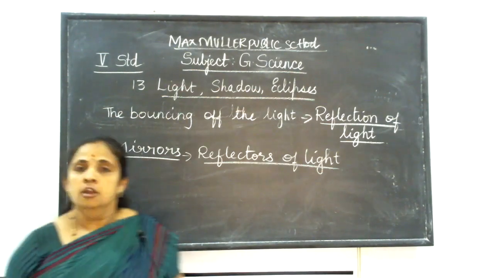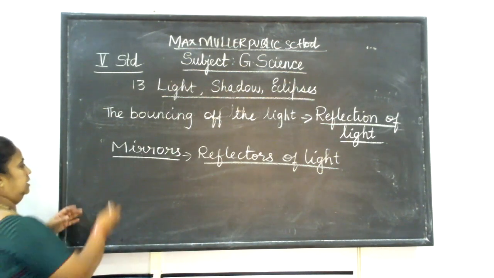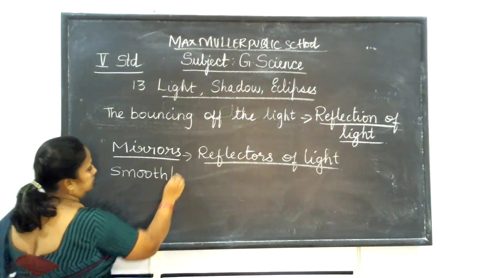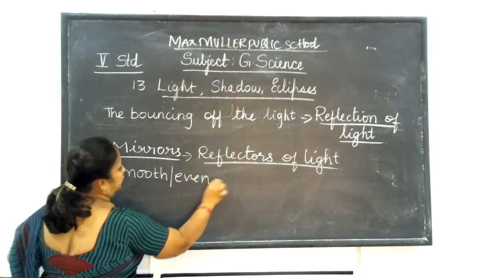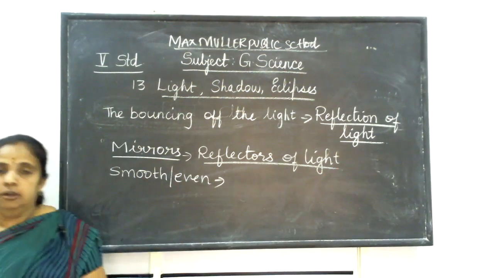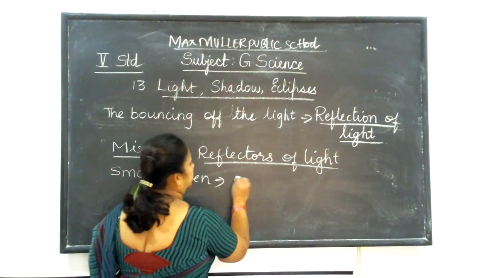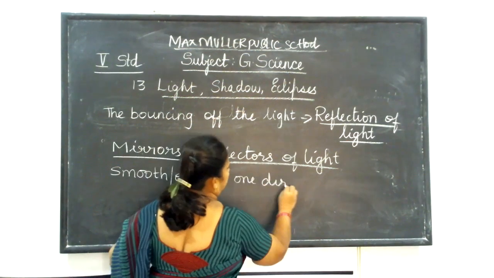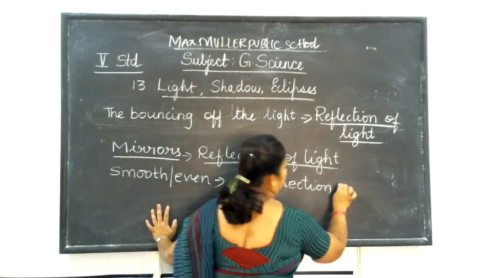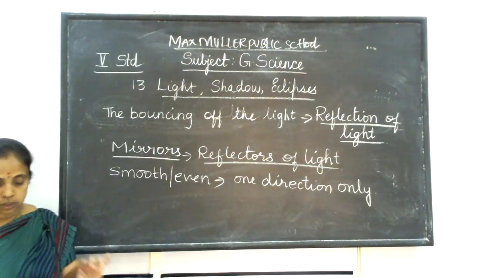If the reflecting surface is smooth or even, then the rays of light falling on that surface will go in one direction only.